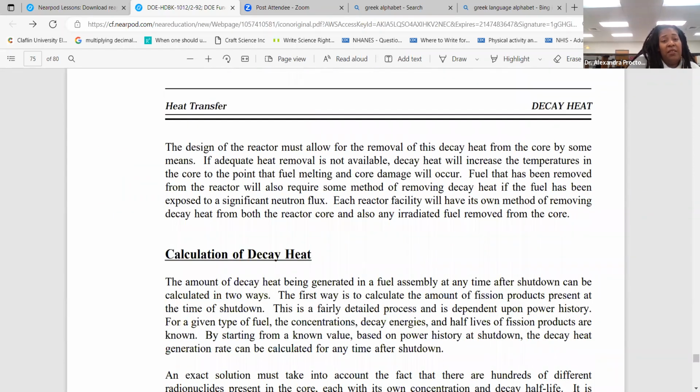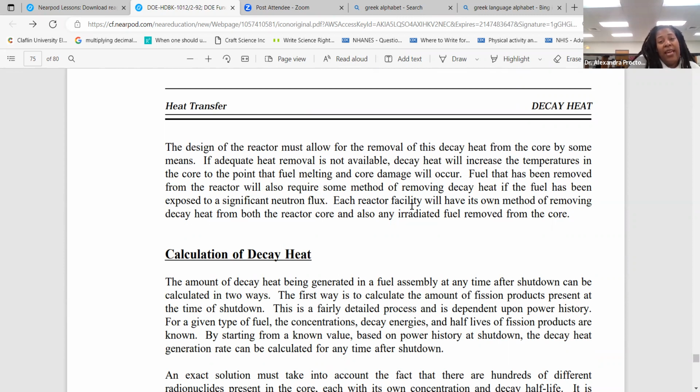So the design of the reactor must allow for the removal of this decay heat from the core by some means. And if adequate heat removal is not available, decay heat will increase the temperatures in the core to the point that fuel melting and core damage will occur.